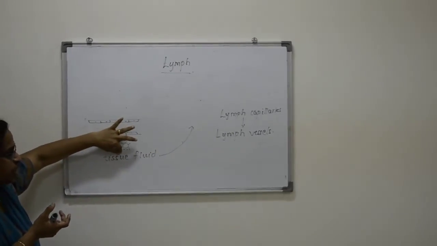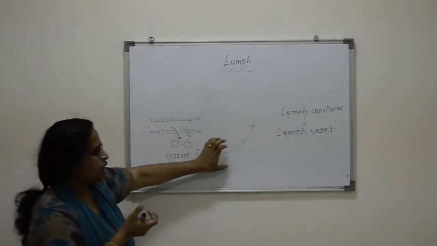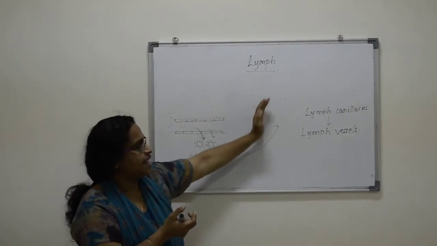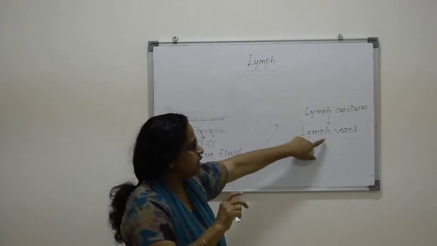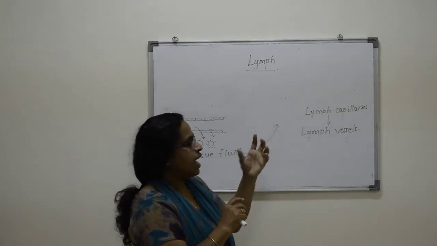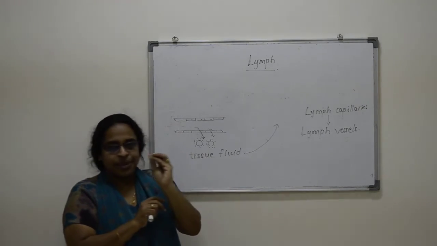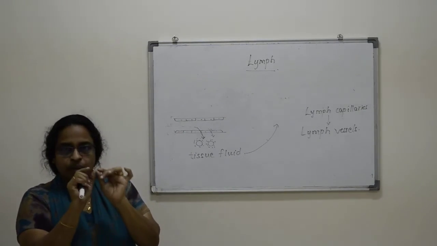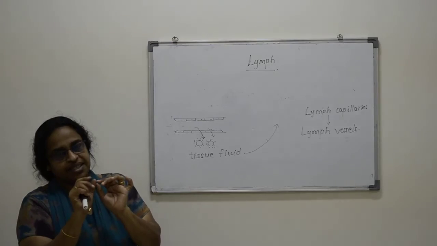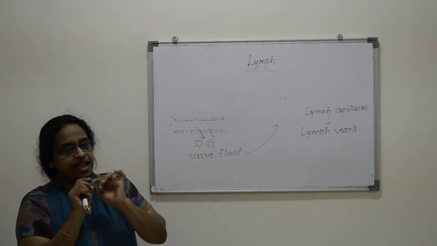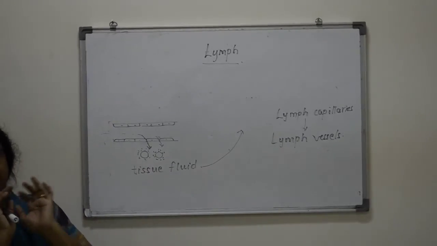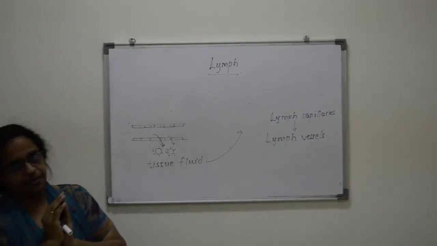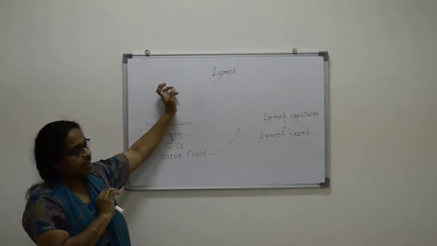How the tissue fluid is formed, and part of the tissue fluid enters the lymph capillaries, and then they join together making lymph vessels, and in the lymph vessels at some places there are nodes which make lymphocytes. They are WBCs, and their function is to fight against diseases. Okay, so this is about the lymphatic system.